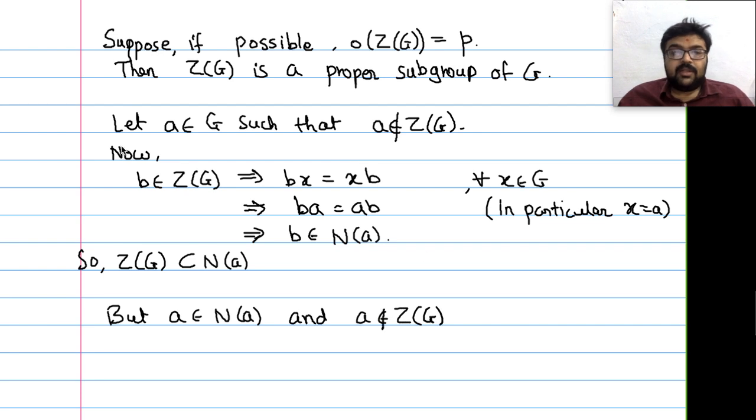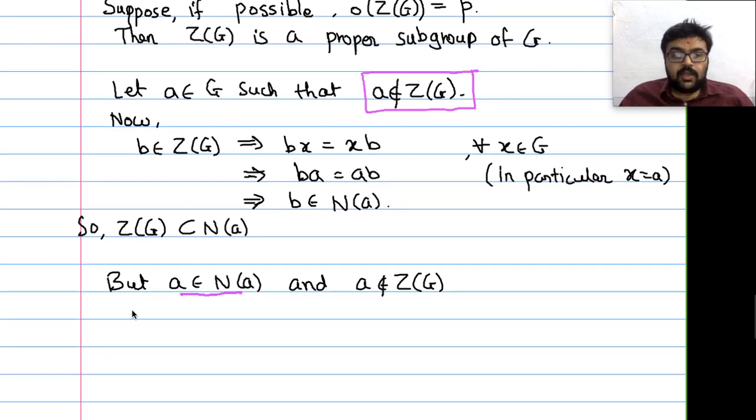We have taken an element which is not in Z(G), but it is in N(a). So Z(G) is a subset of N(a), and not only that, it's a proper subset of N(a).